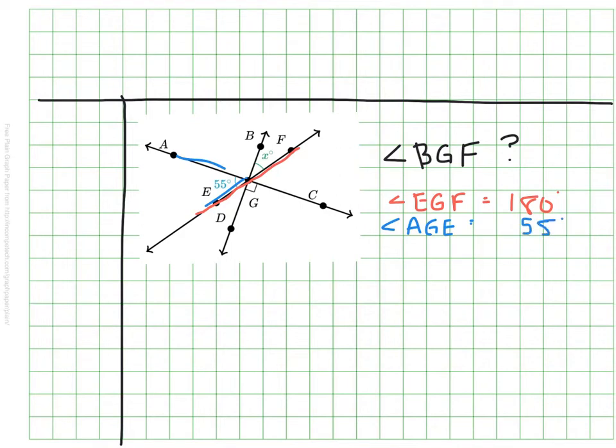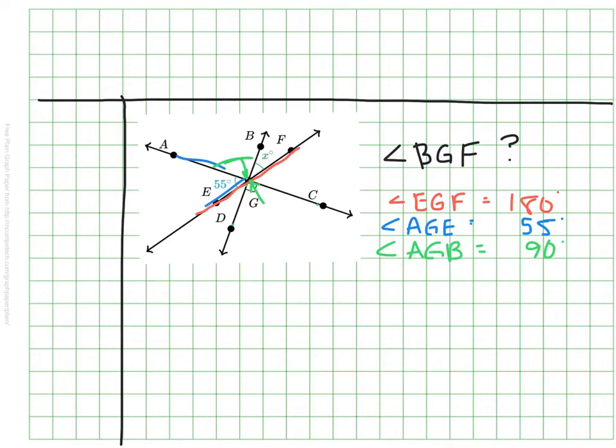It would be really useful if we could figure out this angle right here, right? Because that's part of our straight line, and it doesn't look like we have it, but if you look really carefully, you'll notice we actually do know it, because this is a vertical angle with this angle. So if DGC is 90 degrees, then it turns out angle AGB is also 90 degrees.